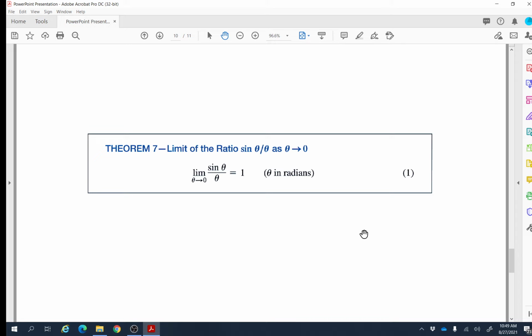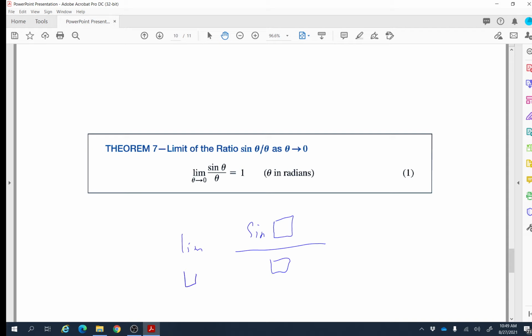There is one theorem, it says the limit of sine theta over theta when theta approaches 0 is 1. Theta is in radians. This theorem is always true no matter what theta you have here. For example, instead of theta you might have sine of something over the very same thing.